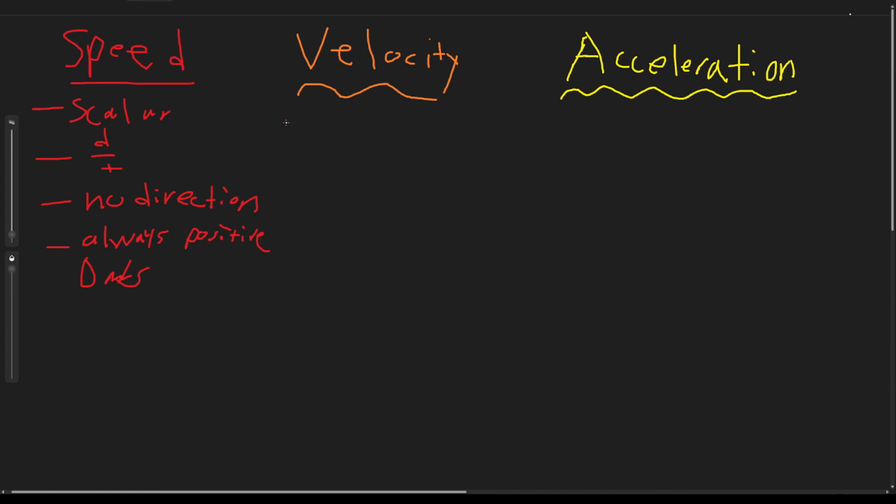And velocity, we know that it's a vector because it has magnitude. Formula is displacement, which is represented by that symbol, over time. And it has direction.